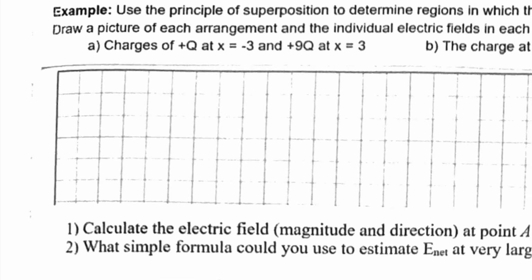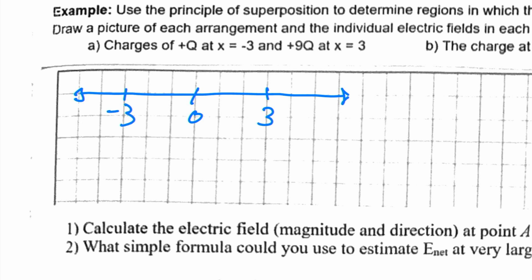So in part A here, I'm going to draw a number line. And I'm going to mark off 0, +3, -3, and then I'm going to have a charge of Q here at -3, and over at +3, I'm going to have a charge of 9Q.